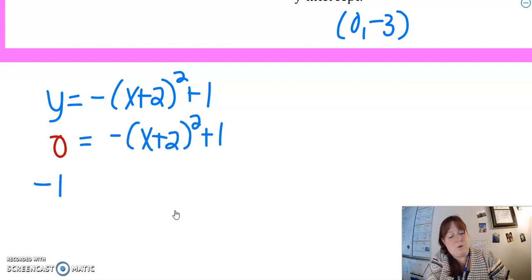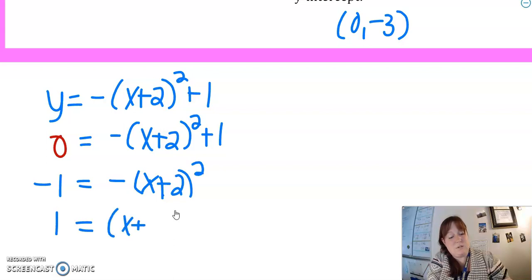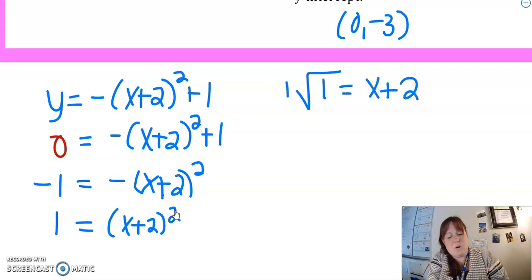So I can subtract 1 from both sides. And then I divide by -1, so I have 1 equals (x + 2) squared.